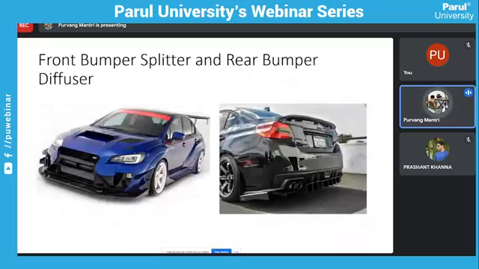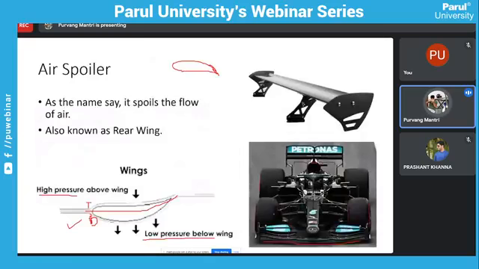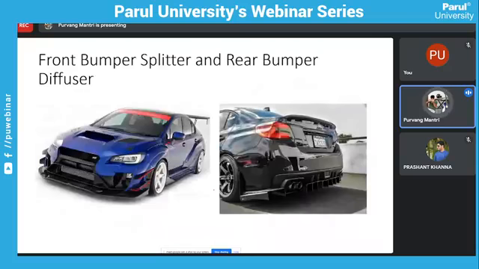Next we have front bumper splitters and rear bumper diffusers. In this image, these winglets on the front bumper act as a front wing or front air spoiler. The front wing is significant in the case of a Formula One car, but if you are converting a road vehicle into a race car, then you will end up mounting such winglets on the bumper.